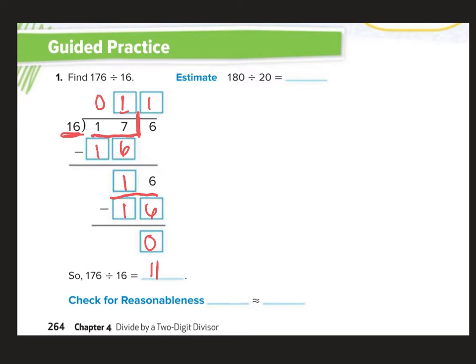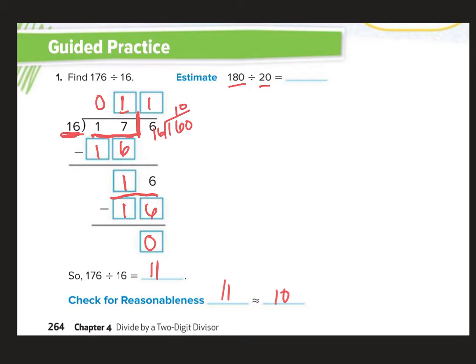Check for reasonableness. If I were to do this, I would do 160 divided by 16, because then that's just going to be 10. And 11 is about 10. So good to go. Oh, they said our estimate should have been 180 divided by 20.